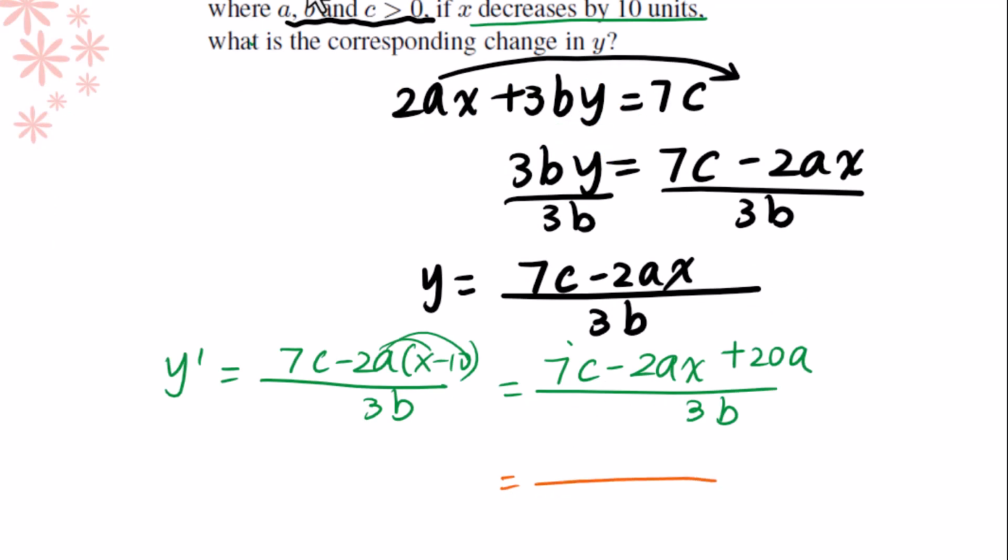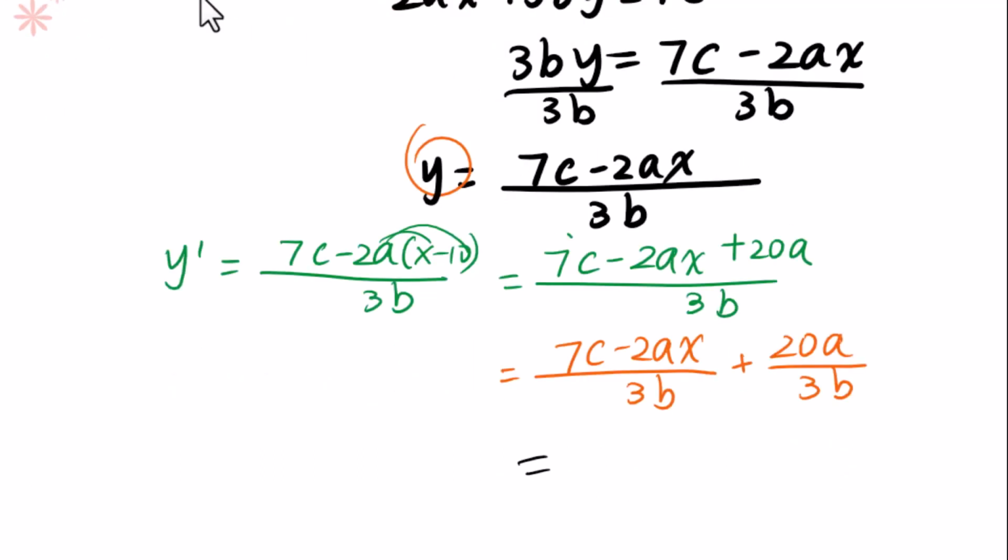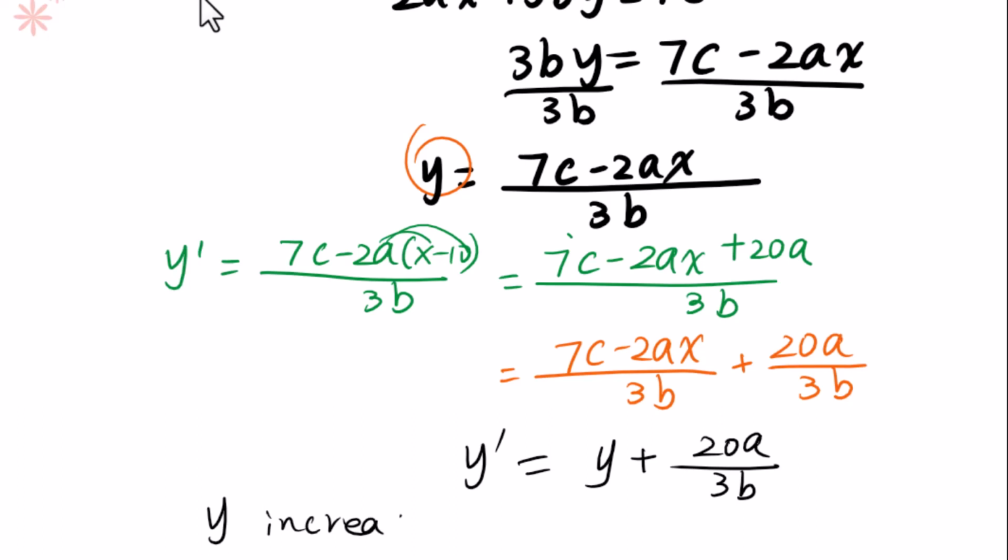Separate: (7c minus 2ax) over 3b is y, then plus 20a over 3b. So y prime equals y plus 20a over 3b, which means y increases by 20a over 3b.